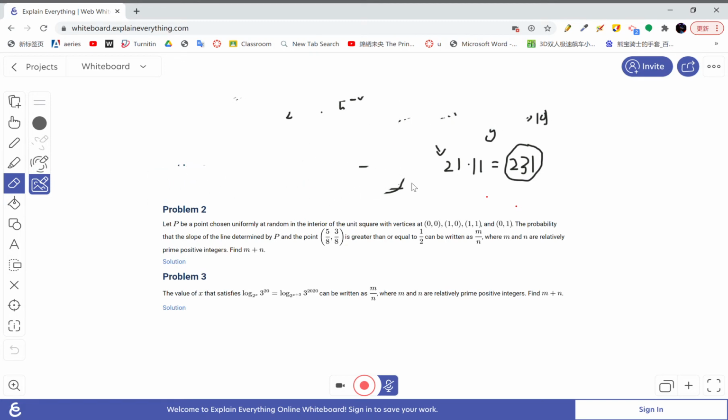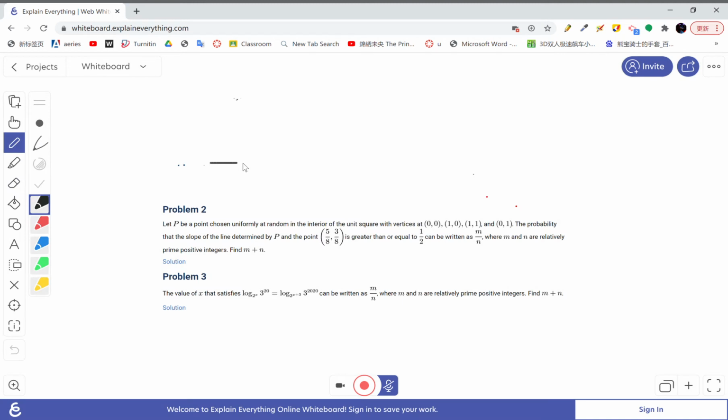To give more space. For this problem, the thing that we have to do is we want to draw a graph, and we want to label the axis. Label the graph, and then we can just find the region that fits all the conditions.